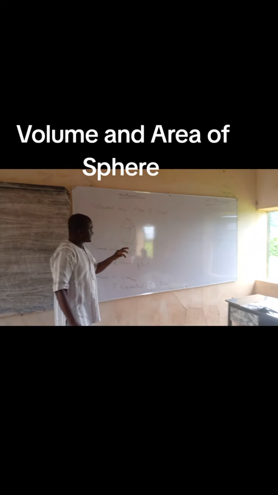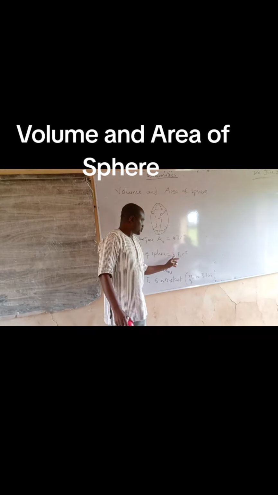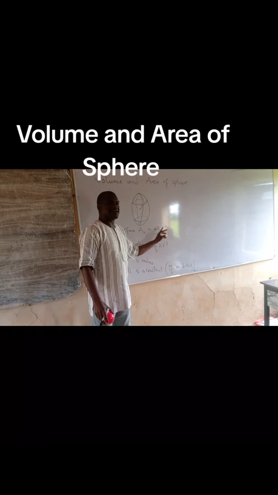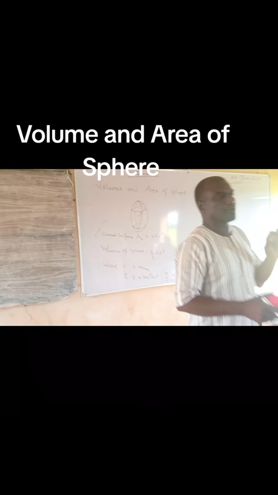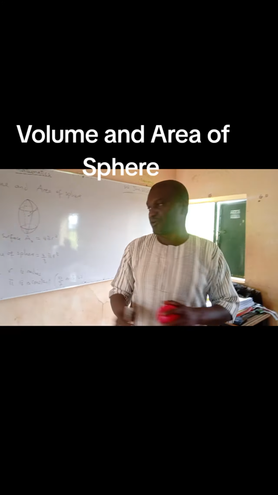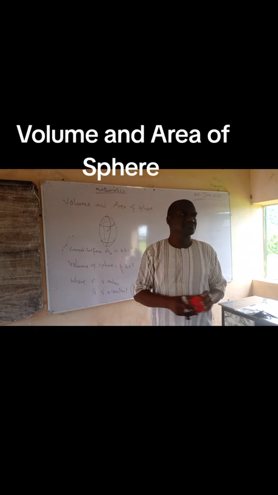So we said there are invisible operations here. There are invisible operations here between 4, pi, and radius. Who can tell us the invisible operation? Or what symbol do we say is here but is not seen? Who can tell us?